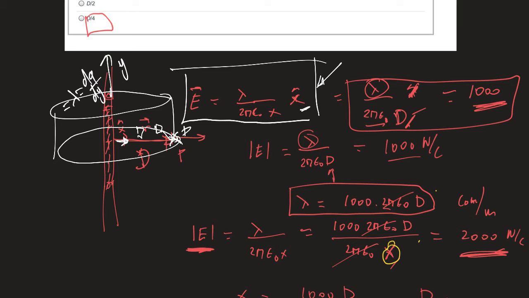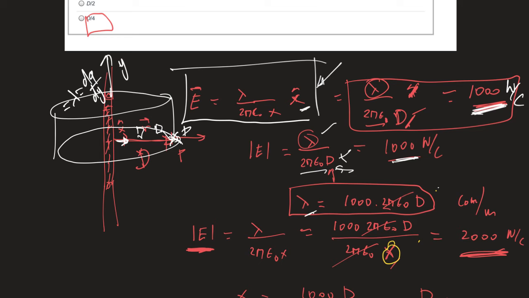electric field. So the problem says that the electric field is 1000 newton per coulomb at distance d. At the distance d, the field is lambda divided by 2 pi epsilon 0 divided by d, and this is 1000. So from the distance d we know lambda.